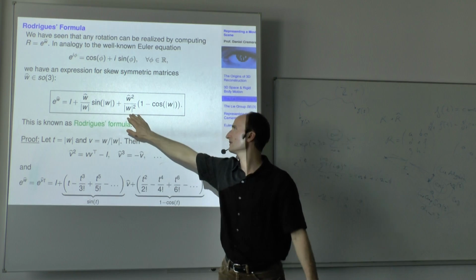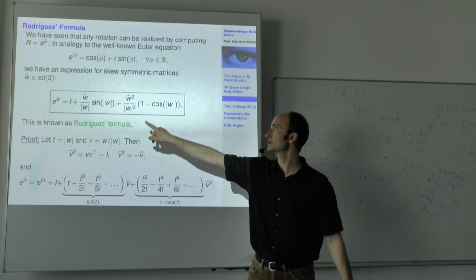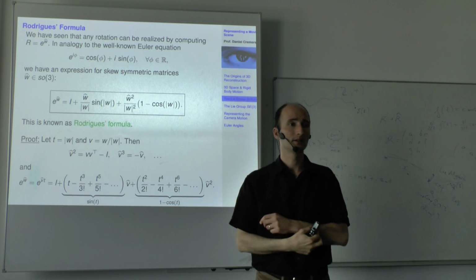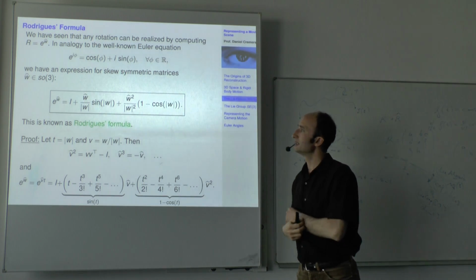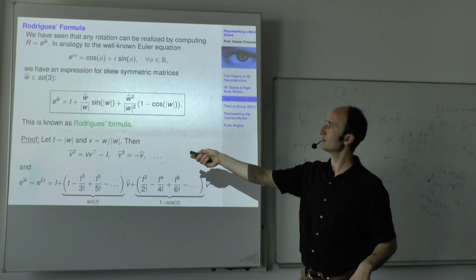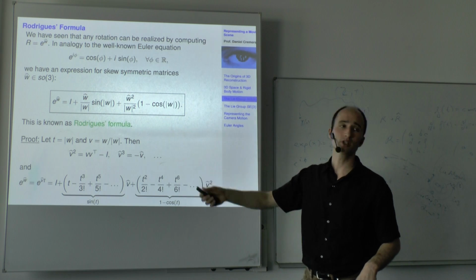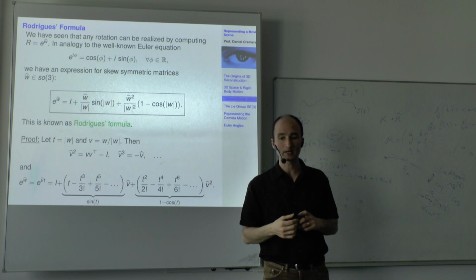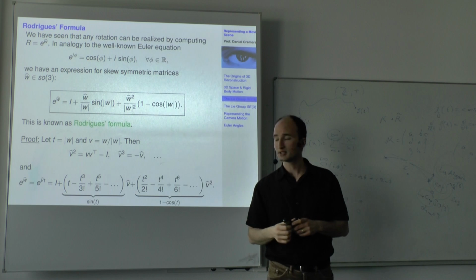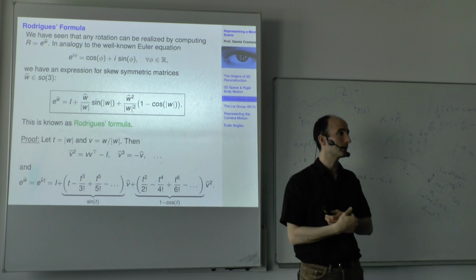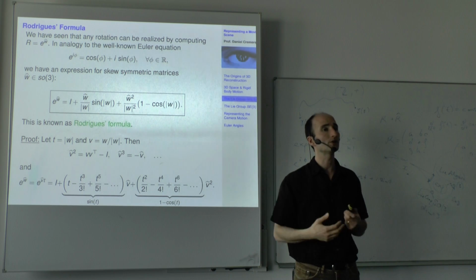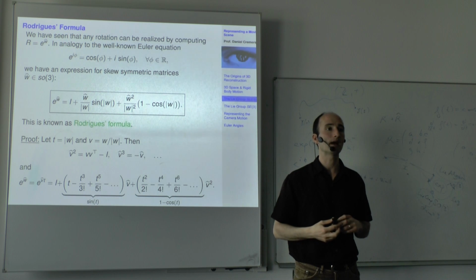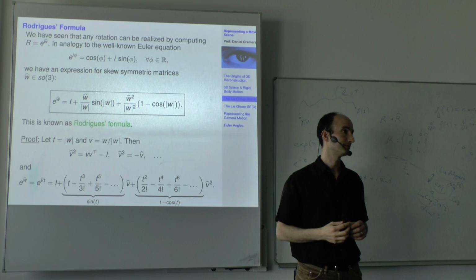This is the length of the vector, this is the length squared, and then sine and cosine appear. And this formula to calculate the mapping, this exponential map applied to skew-symmetric matrices, is called the Rodrigues formula. That formula happens to be quite useful in practice because it allows you to compute that exponential map in closed form.